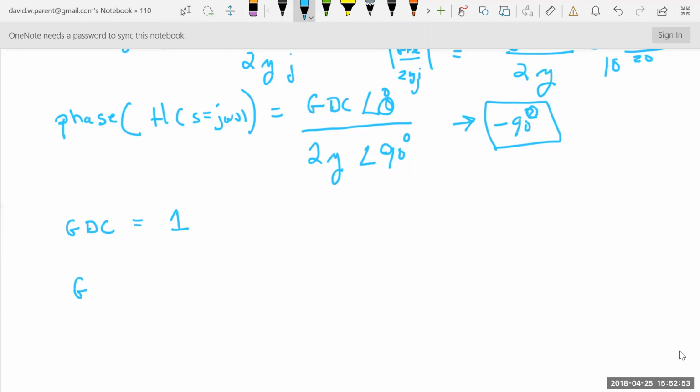The gain at j omega naught equaled 10 to the minus 3 divided by 20. Right?